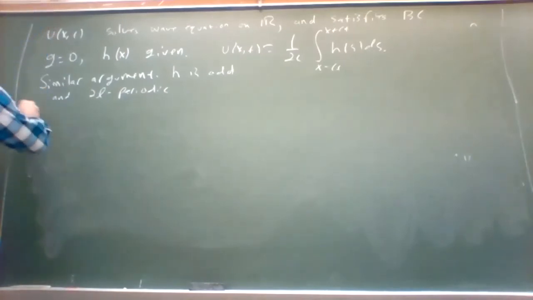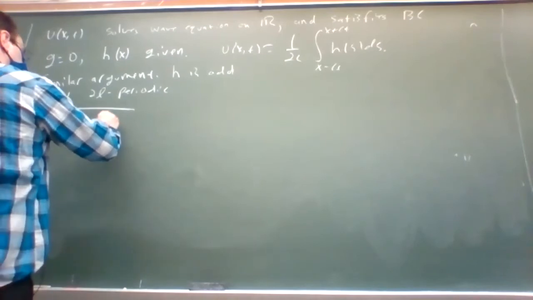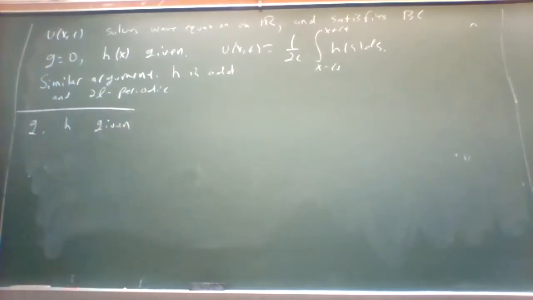But what about if I really have g and h given, without any restrictions? Is it still the case that these two things will be 2L periodic? Well, if you just write down the equations that I was writing down using the full solution, you won't get that far, because instead of something being equal to 0, it'll be equal to the other thing. That's an issue.